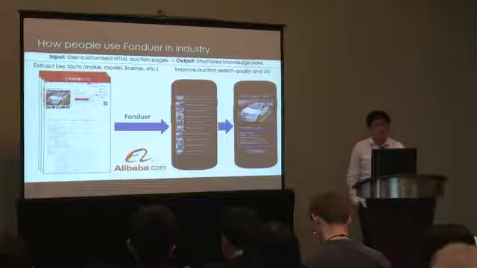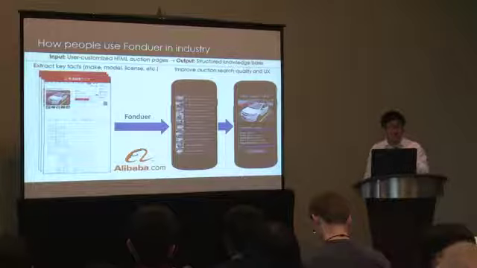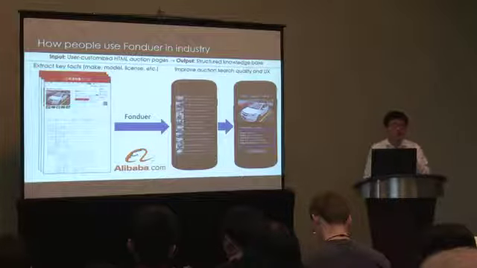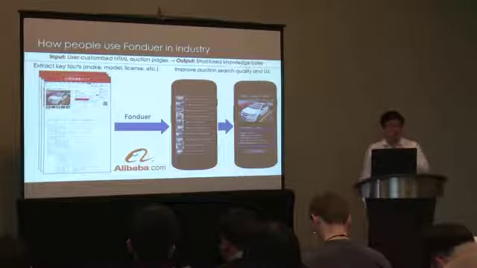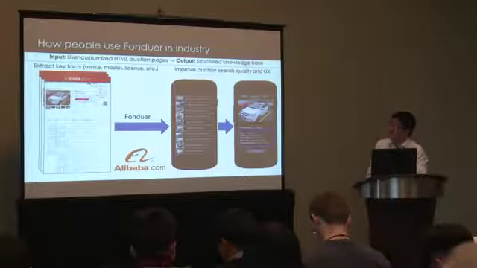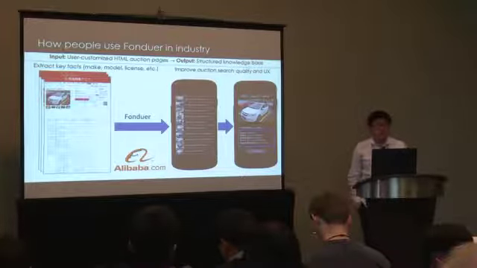These descriptions can vary dramatically. Some are very simple paragraphs, while others are complex tables, not only to organize their data, but also just for formatting their content. So Alibaba used Fonduer to extract key facts like vehicle make and model from this massive data.